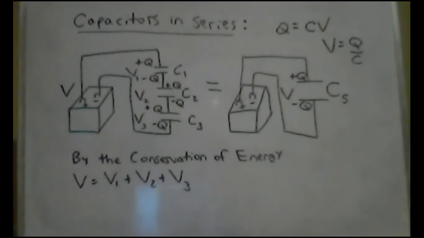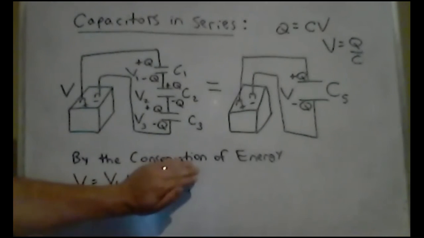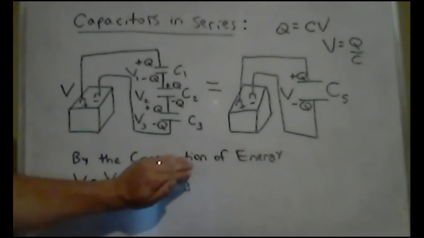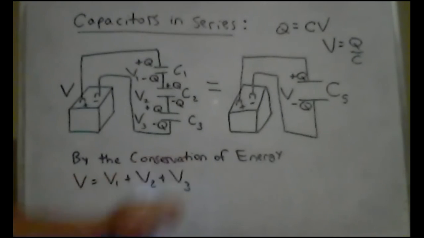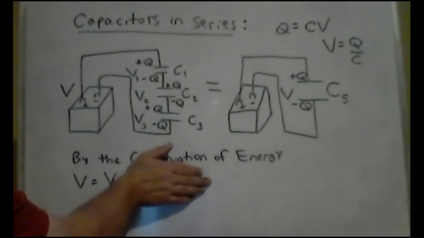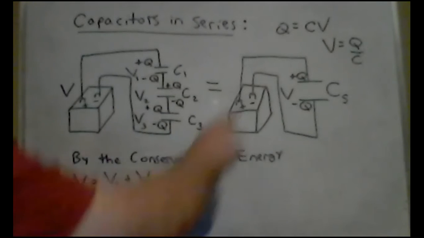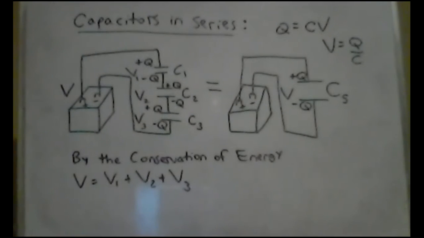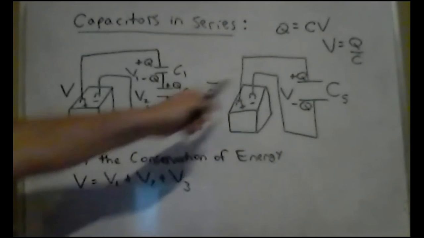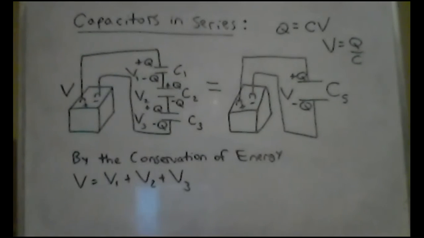If there's only one potential on the other side of the equation, then one has to equal the other. However, we have three potentials, so we have the summation. But if there were only one capacitor, you wouldn't have the other two terms, and you'd have one potential equaling the other. And that's the case here. So that would also be the potential across the battery, which is the potential across the equivalent capacitor.